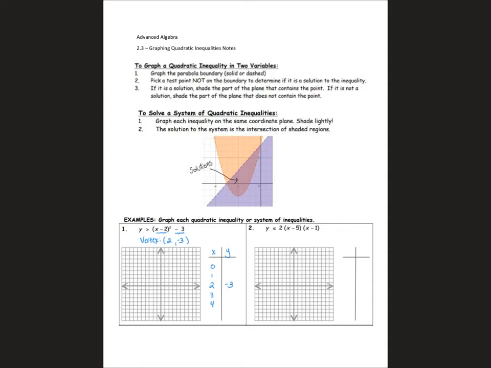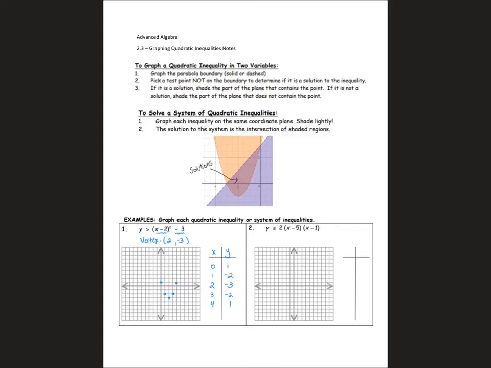So 0 minus 2 is negative 2, squared is 4, 4 minus 3 is 1. Plug in 1, 1 minus 2 is negative 1, squared is 1, minus 3 is negative 2. And since a parabola is symmetric, these y values should match up. So we have 0, 1, 1, negative 2, 2, negative 3, 3, negative 2, 4, 1.